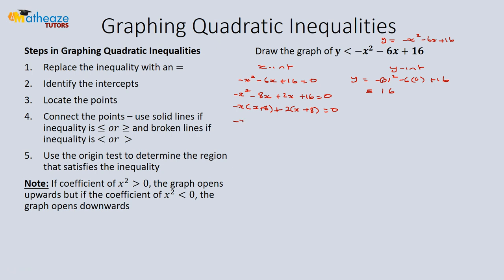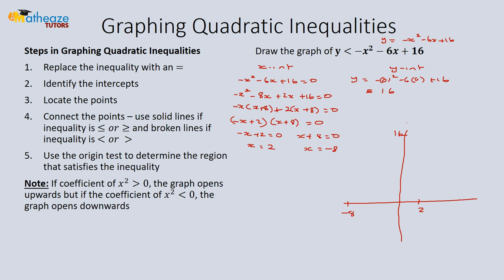So we have negative x plus 2, and then we have x plus 8 equal to 0. So negative x plus 2 equal to 0, x plus 8 equal to 0, x equal to 2, here x equal to negative 8.